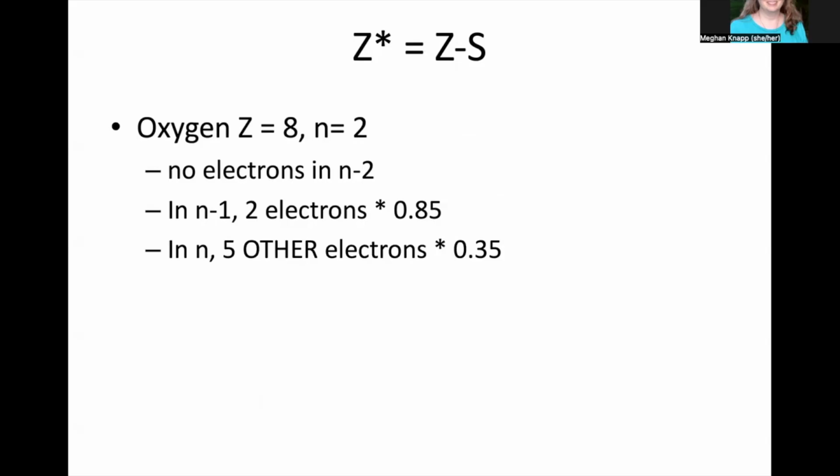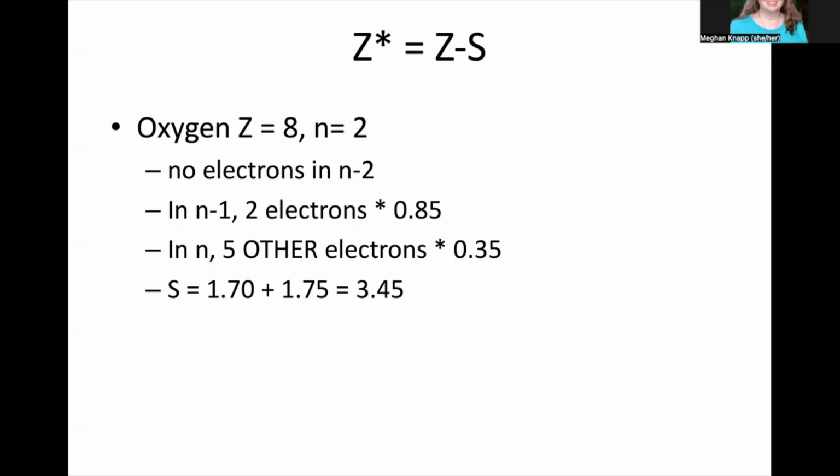Then in level n, or level 2, every electron except for the one that I'm talking about is going to get multiplied by 0.35. So there are 6 electrons that are valence electrons, but an electron doesn't shield itself. So I'm going to multiply that 0.35 by 5 instead of 6. So I'm going to get 1.7 for the level 1 electrons, and 1.75 for the level 2 electrons, which is 3.45.